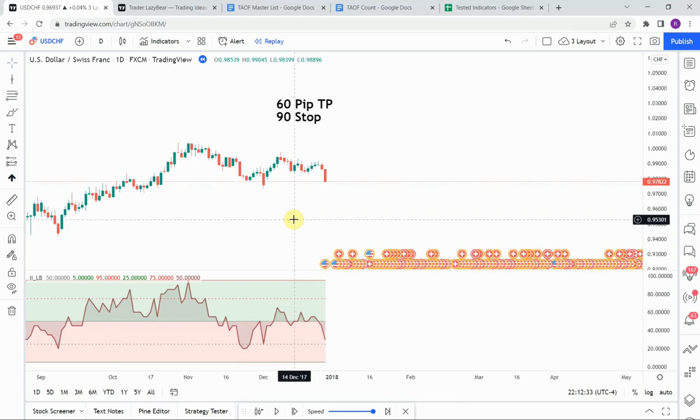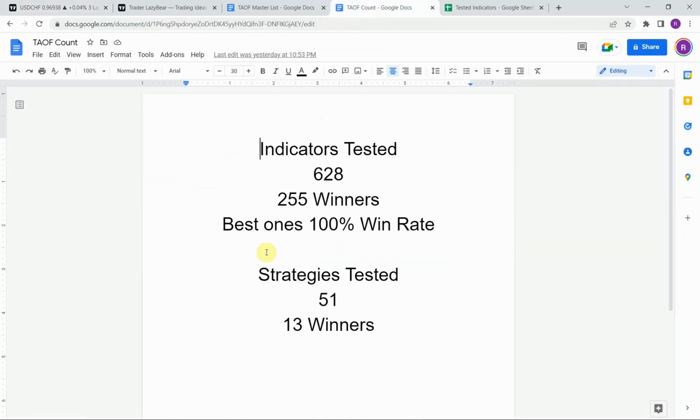Alright, as I said, today we will be testing the Insync index indicator. Before we do though, I wanted to put the testing scoreboard up for everyone to see. To date, we have tested a total of 51 different strategies, with 13 of them being profitable. We've also tested a total of 628 indicators, with 255 of them being winners.